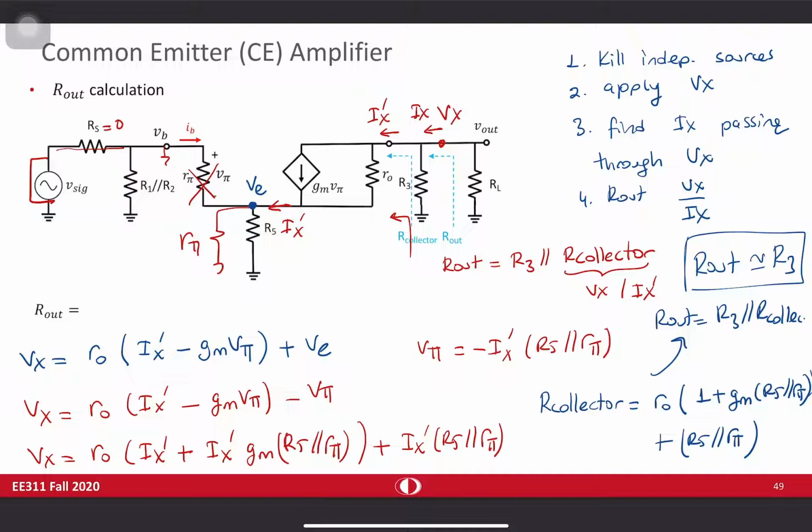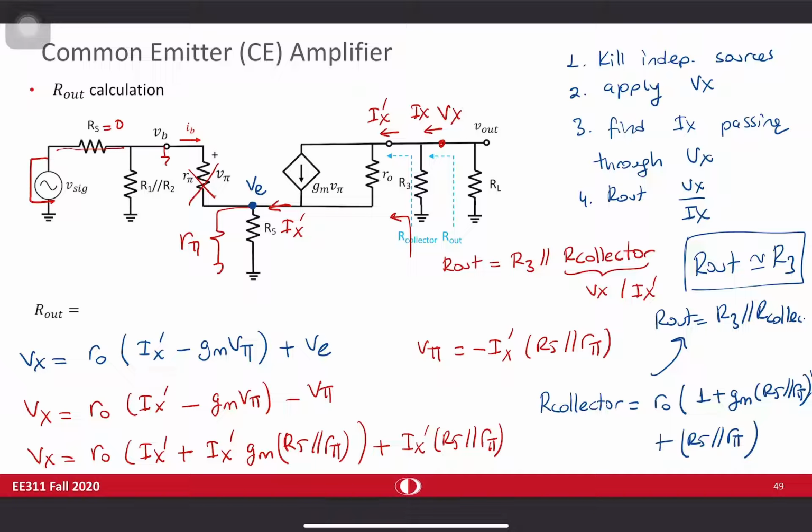The answer is this. In the previous calculations, RIN calculation or AV calculation, I was looking from here and I was trying to take into account the effect of this controlled current source. When I use reflection, I get rid of this current source as I already take into account its effect.